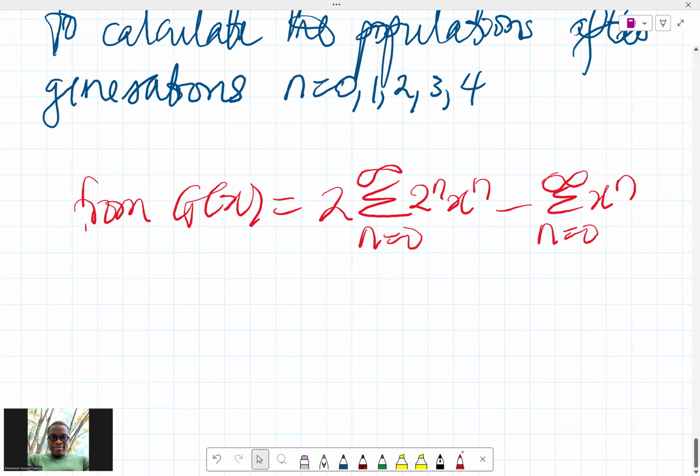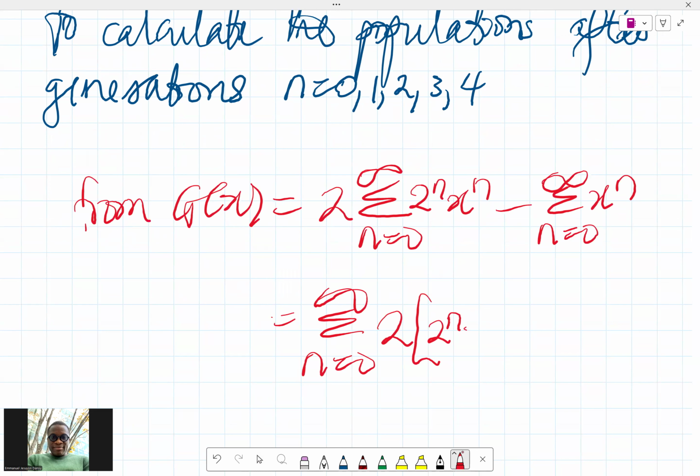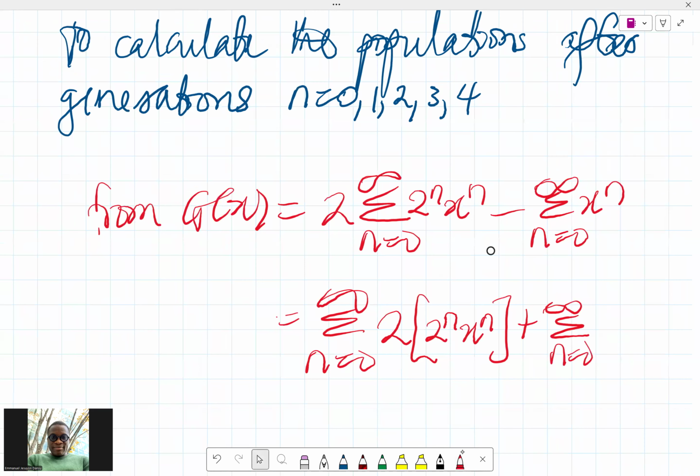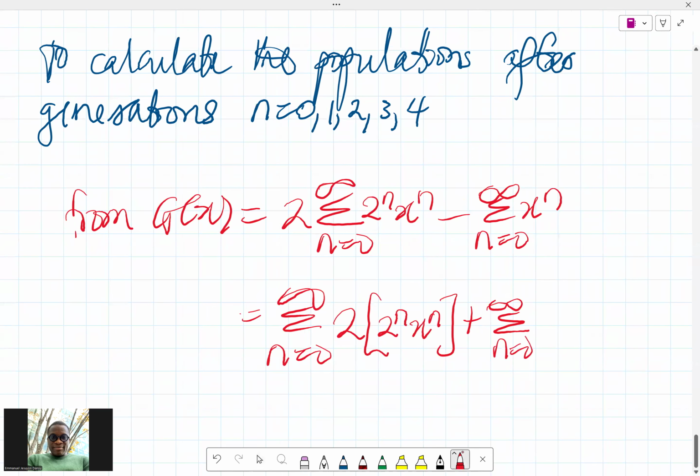From this, we can rewrite this as summation from n equals 0 to infinity of 2 into 2 raised power n, x raised power n, plus summation from n equals 0 to infinity. Now, the essence of this is that we need the coefficients. This is like minus 1 into x raised power n. Okay, so these coefficients are really useful for us. That's why I'm doing this right now.